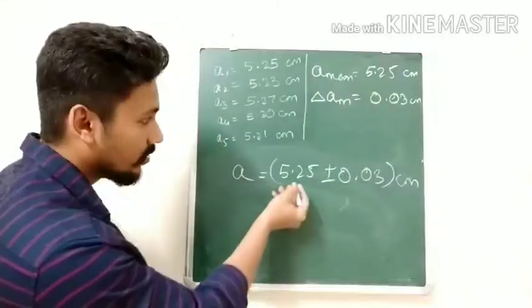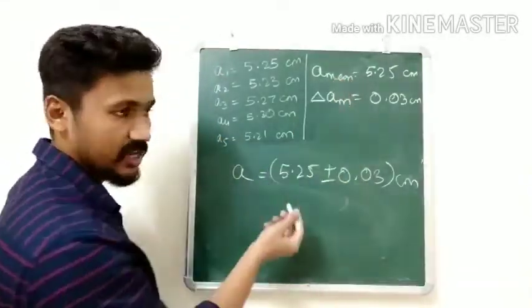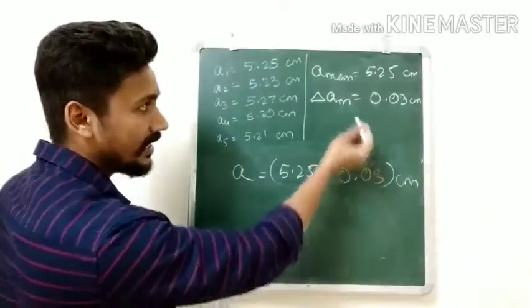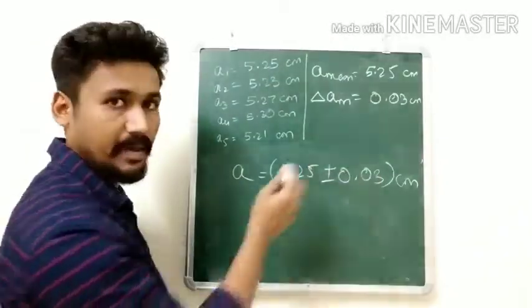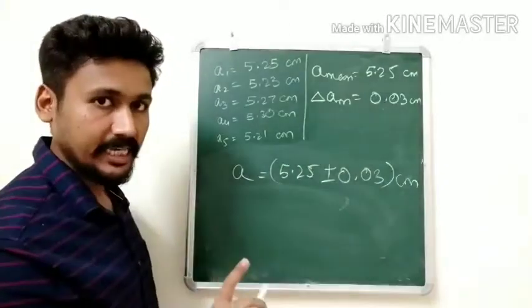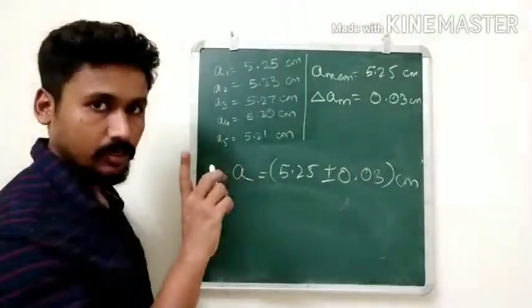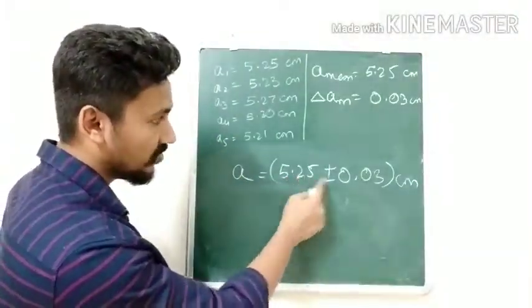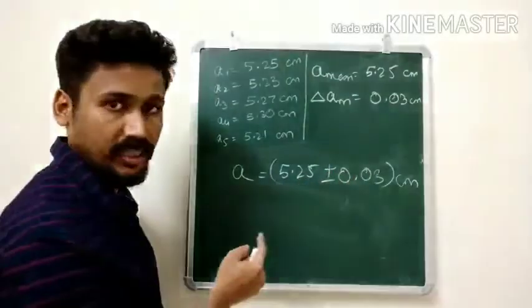Getting the idea? What is 5.25? The mean value. And what is 0.03? That is the mean absolute error. So you can say that the length of that given object is 5.25 plus or minus 0.03 centimeter.